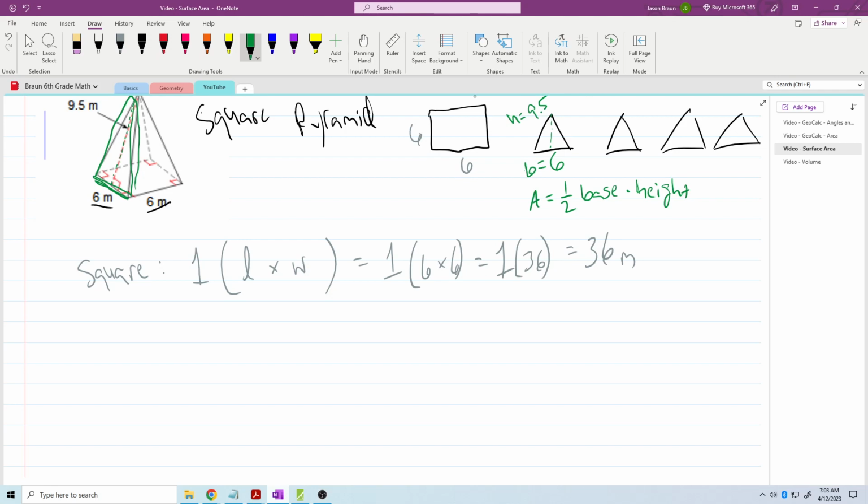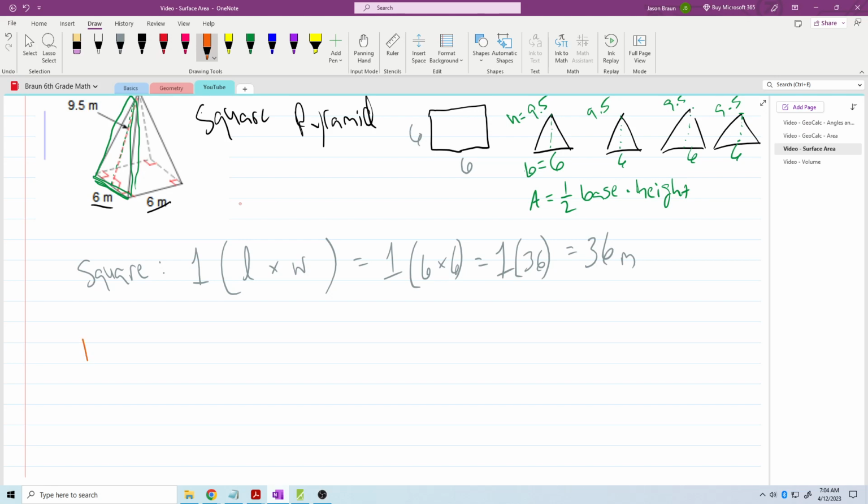Looking at the diagram, they're all the same sort of triangle. So all the bases and heights are the same for each triangle. I won't list them out here. Well, maybe I will. 6, 6, 6, and 9.5, 9.5, 9.5. There's four of them. They're all the same dimensions.